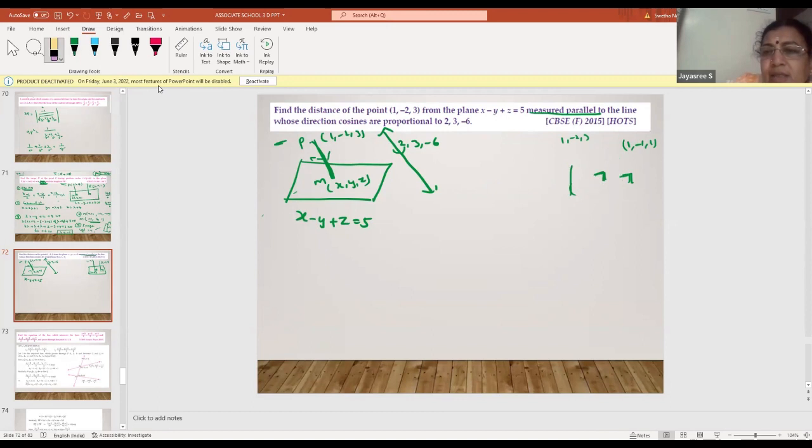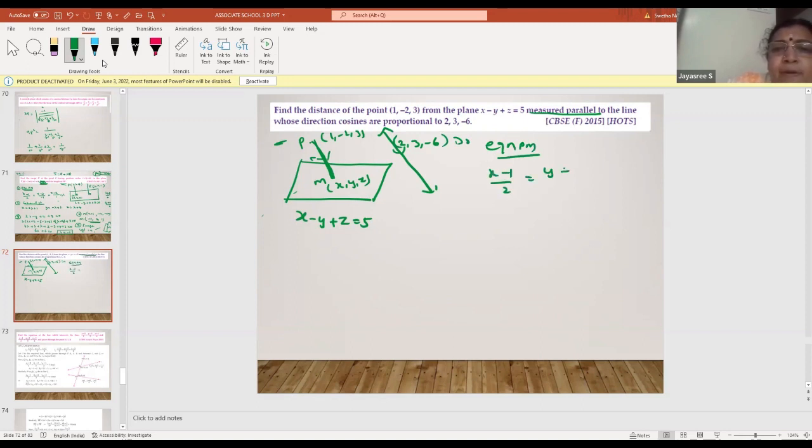So we are taking the things in such a way that we draw the diagram parallel. So this is a direction ratio parallel. Now the equation of the line PM: here also the remaining procedure remains the same. (x minus 1) by 2 equal to (y plus 2) by 3 is equal to (z minus 3) by minus 6, that is the same.